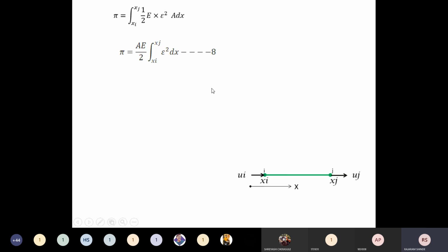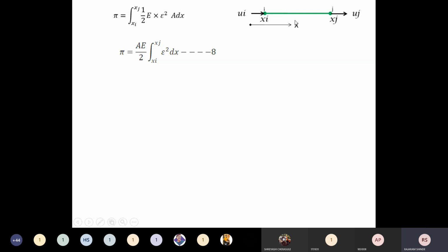Okay, next one, now you have this element. If your node i is displacing with ui displacement and node j is going to displace with uj displacement, then we can write uj minus ui as a deformation of the element. Okay, do you agree with this? And strain is equal to change in length with respect to original length. That means uj minus ui is your deformation delta u.